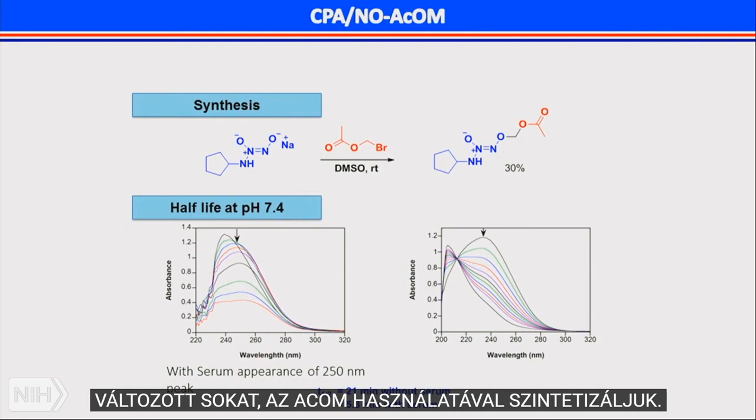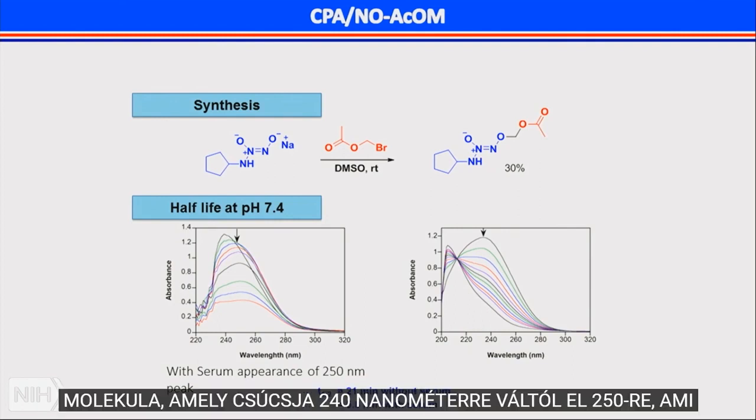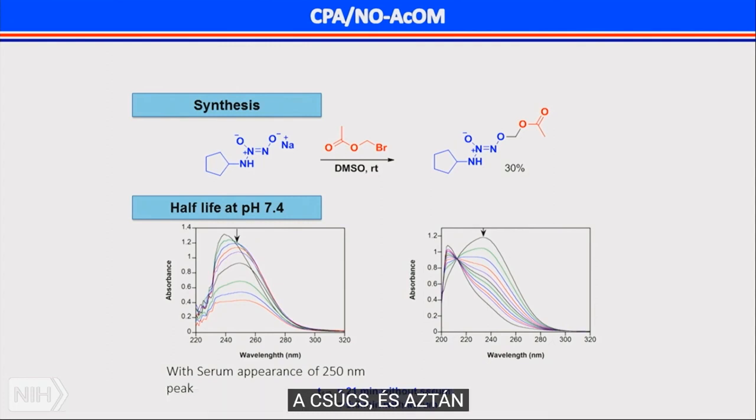In the presence of esterase, this molecule, which has a peak at 240 nanometer, shifts to 250, which is the peak for a diazeniumdiolate, and then it decomposes with a half-life of 5.8 minutes, which is basically the same as the parent molecule. But when there is no serum present, this 240 peak decomposes with a clean isosbestic point. So it is not going through the parent molecule.